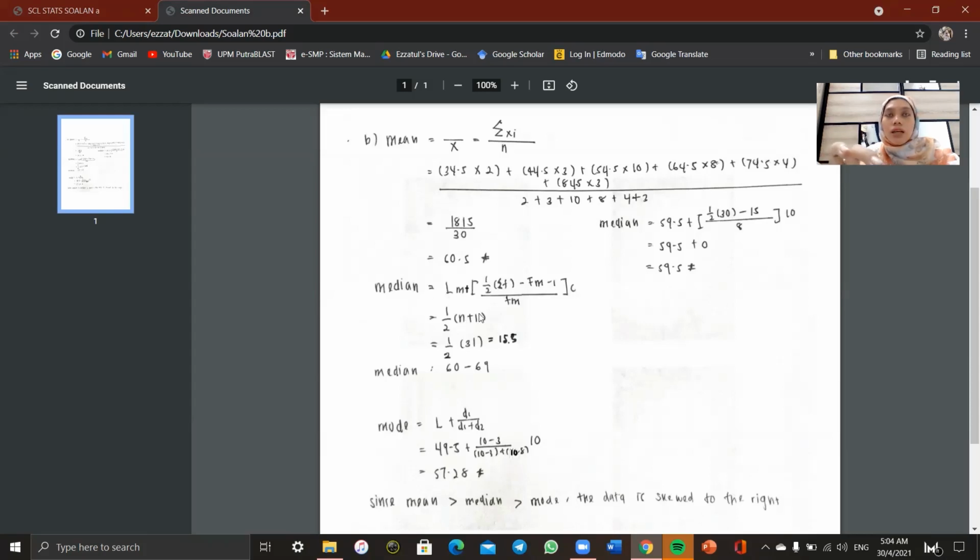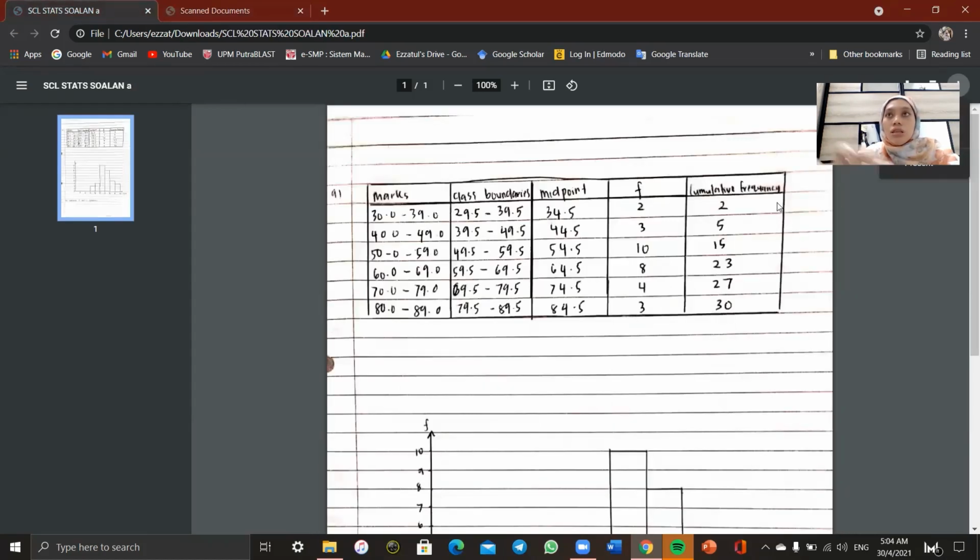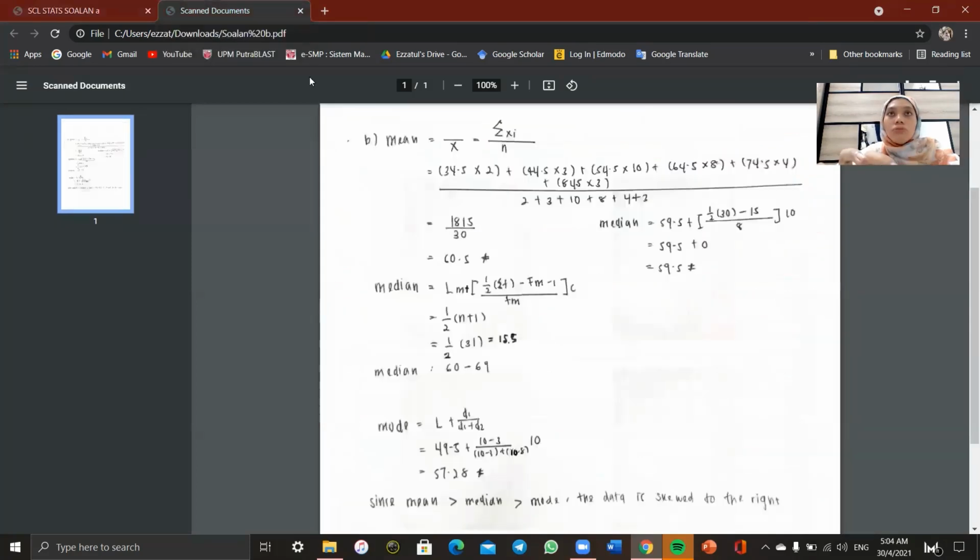But first I have to calculate the position of the median using 0.5 times n plus 1. So 0.5 times 30 plus 1, where 30 is the frequency. Then I got 15.5 for the position of the middle class, which is located in the class 60.0 to 69.0.